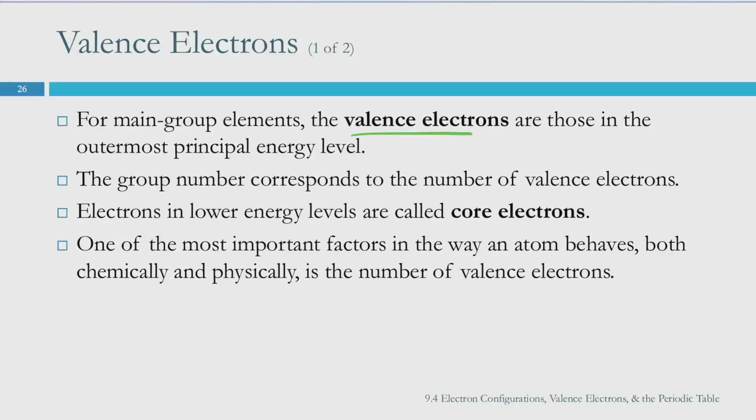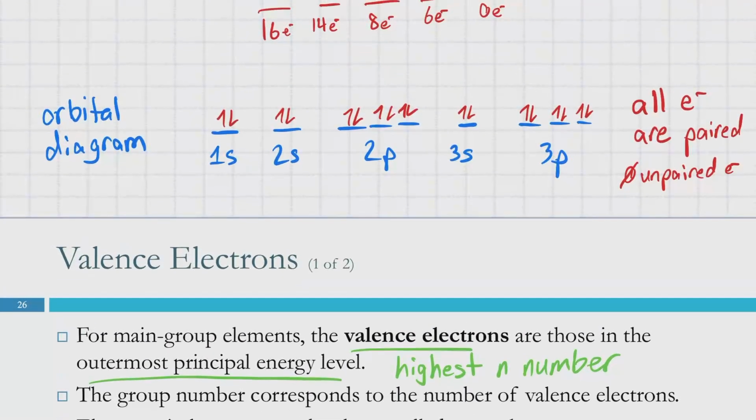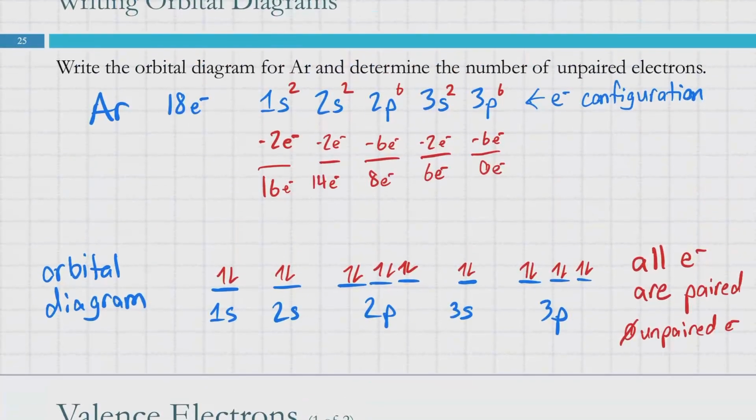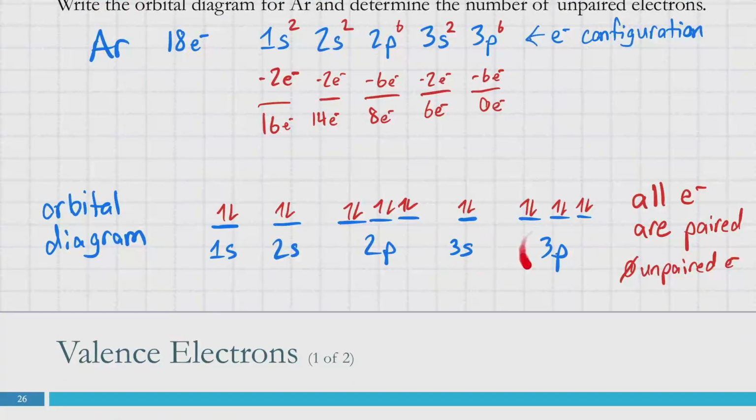So our valence electrons are those in the outermost principal energy level, the ones that are in the highest n number, like when we were doing these orbital diagrams. So for the orbital diagram for argon, our 3s and our 3p are both in the n equals 3 level, and so all 8 of these electrons would count for valence electrons.